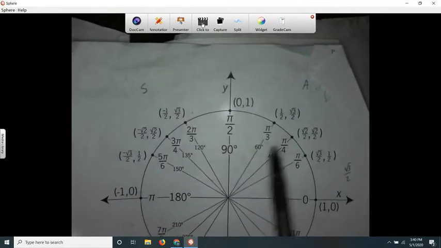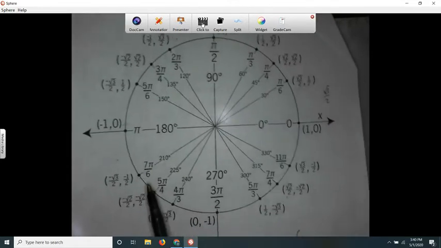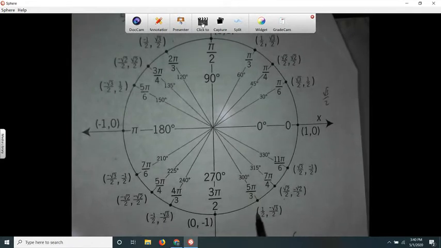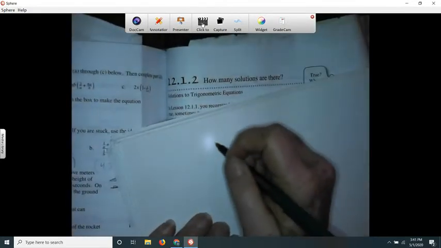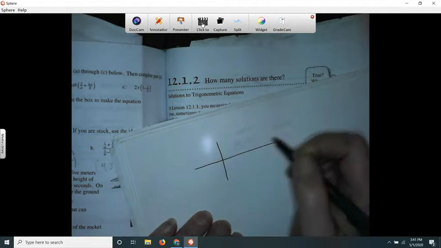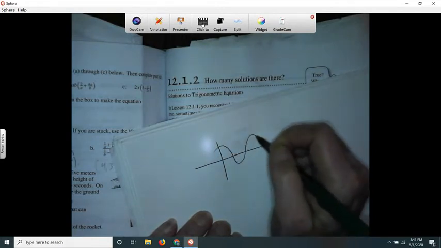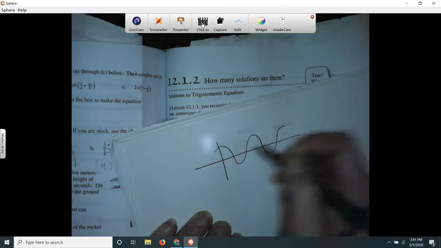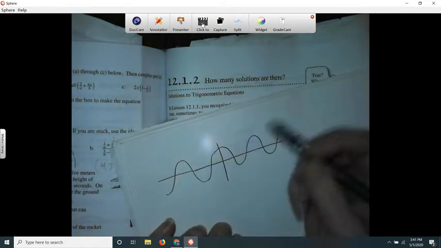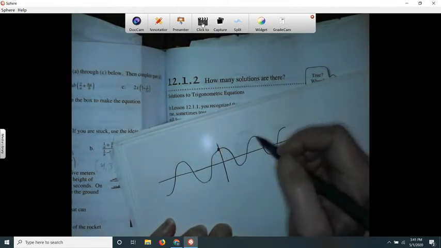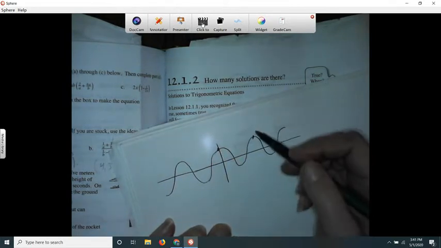On a unit circle, maybe there's somewhere else. Cosine is a half right over here at 5 pi over 3, which is 300 degrees. You might know that cosine can look like a graph. You may be aware that cosine just goes on and on and on, and that the unit circle is just from here to here.